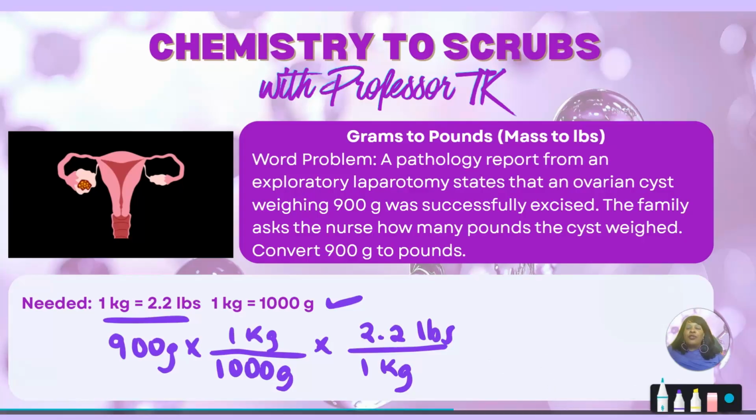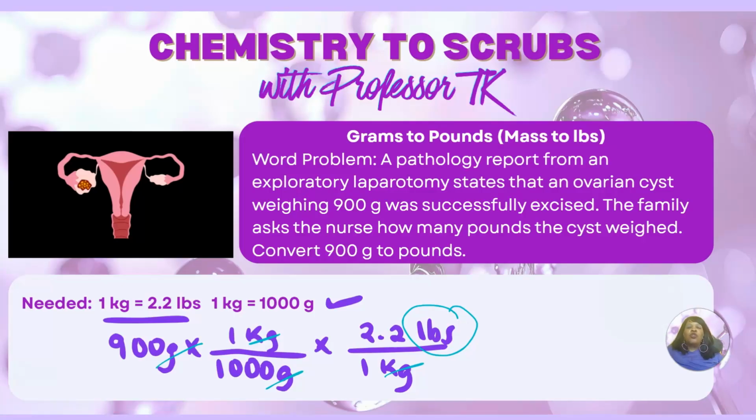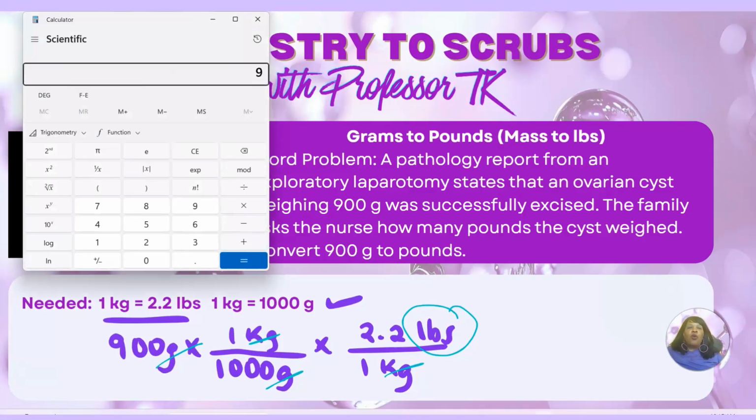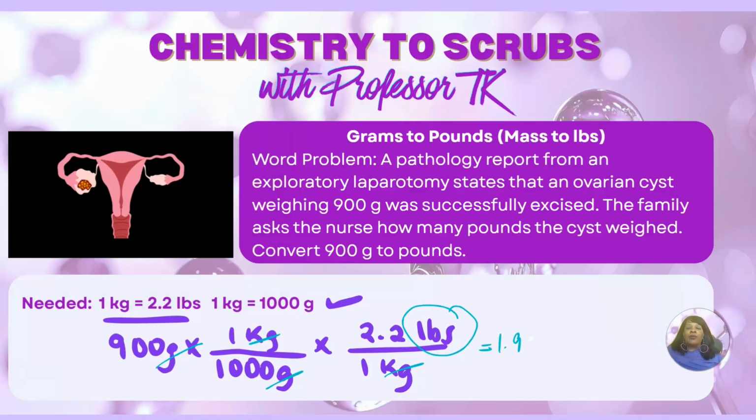Again, all you have to do is remember to cancel out your like units that you no longer need, and what you have left over are the pounds, and that's what you are looking for. So I'm going to simply say 900 times 2.2 and then divide that by 1,000, and I get 1.98 pounds as my final answer.